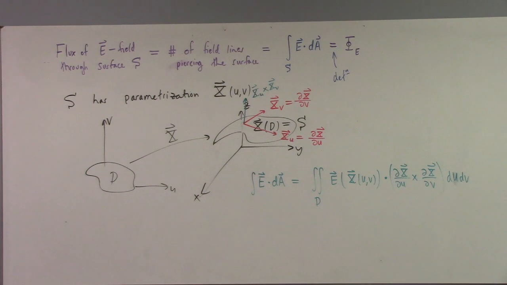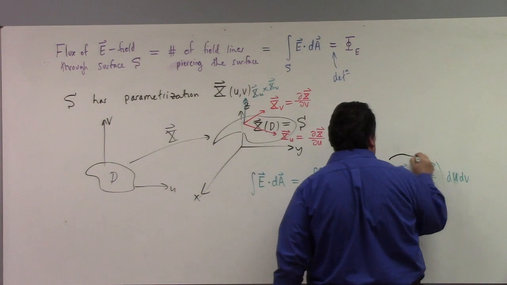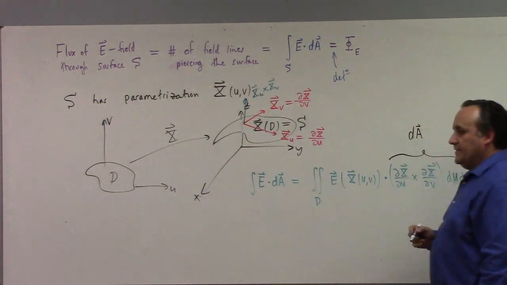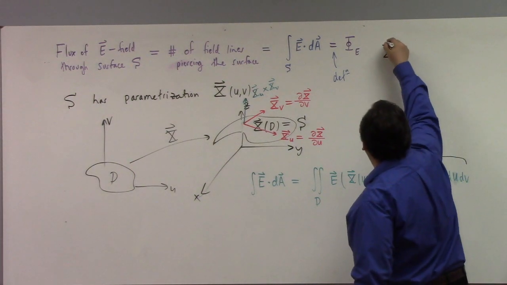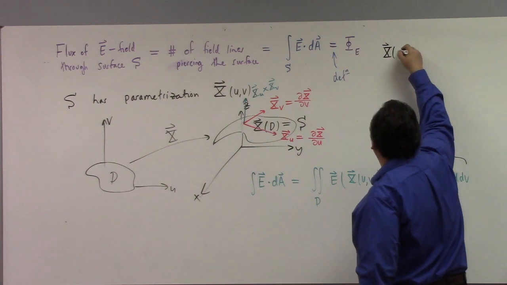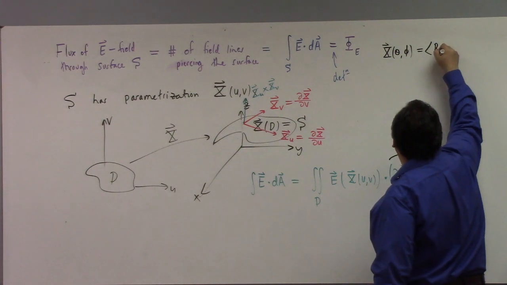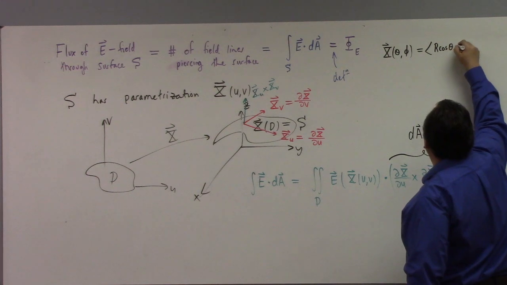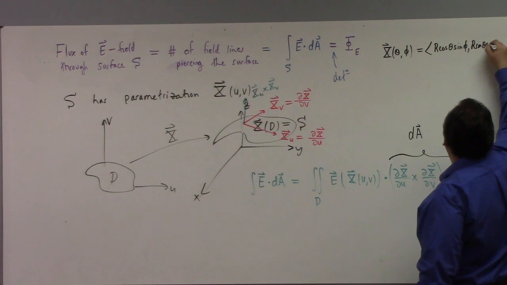So like for the sphere, when you work this out, this contraption right here is what I would call dA. So for instance, if you were to calculate for a sphere, if you used, say, the usual angles, theta, phi, something like r, well, if I use the math ones, it's r cosine theta sine phi, r sine theta sine phi.